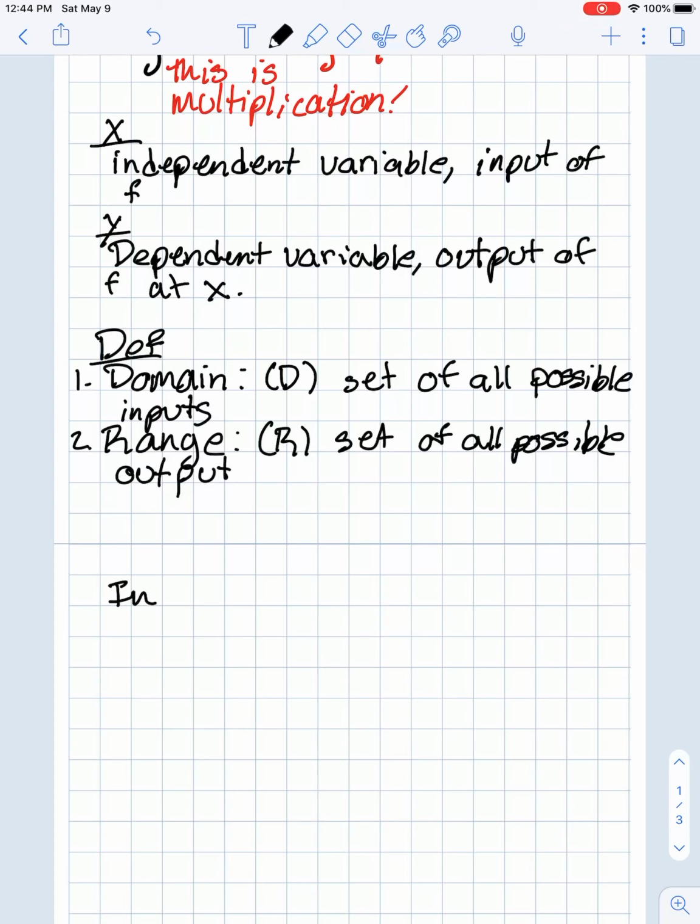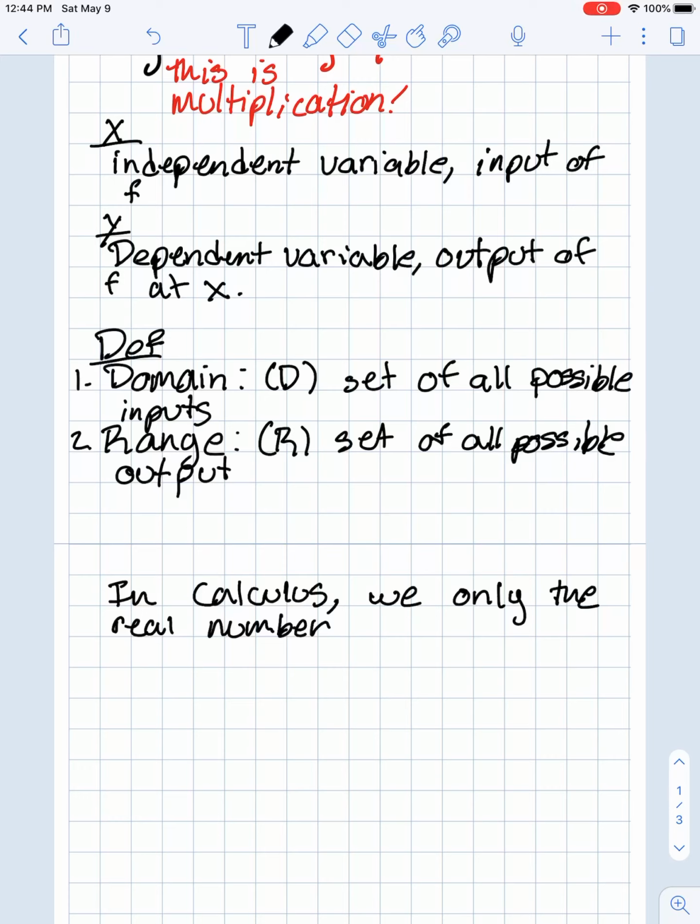So in calculus, we only care about the real numbers. There's something called imaginary numbers and complex numbers. We're not going to get into that.